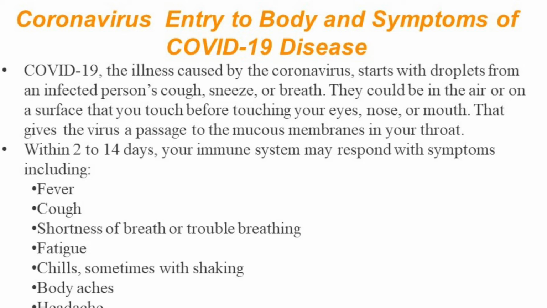So the illness of the coronavirus starts with the droplets from an infected person through the person coughing, sneezing, or breathing. And those droplets could be in the air or on a surface that you touch before touching any of your membranes, such as eyes, nose, or mouth, that gives the virus a passage to the mucous membrane in your throat.